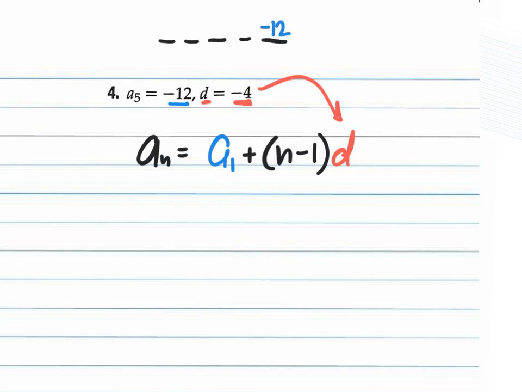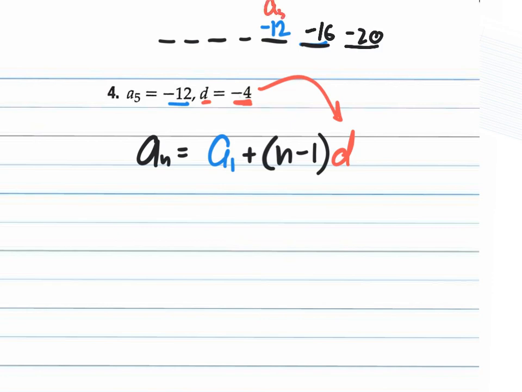And they do give us a common difference of negative 4, which means that this next number over here will be a difference of negative 4, so you would have to go negative 12 minus 4 to get to this next one, which would be negative 16, and then minus 4, negative 20, and you could keep going to find other terms.